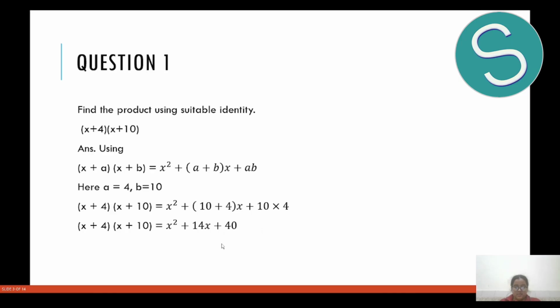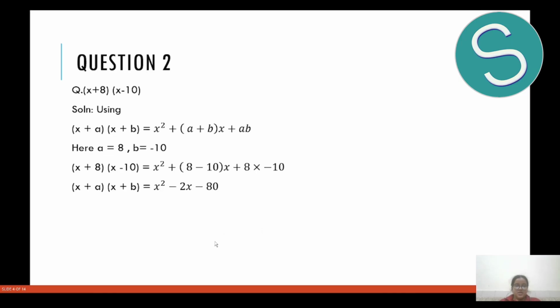Next question is find the product of (x plus 8) into (x minus 10). This question is also in the form of, if you match with the identities which we have done earlier, (x plus a) into (x plus b), which equals x square plus (a plus b)x plus ab. So here our a is 8 and b is minus 10.